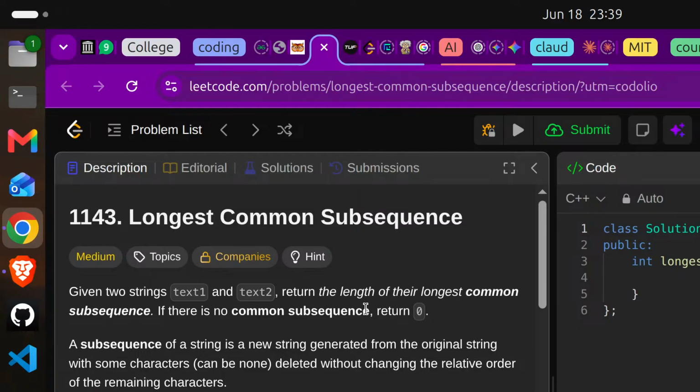Can we run this? Okay, this case is not one.